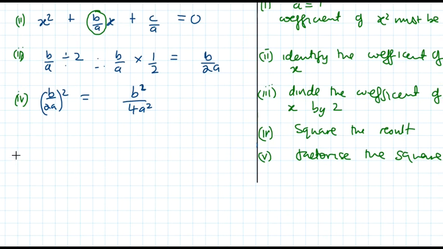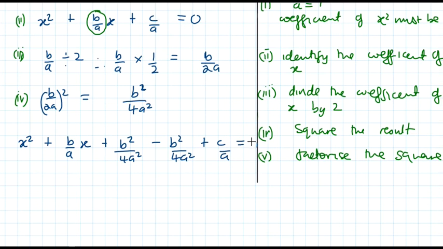Okay, so our equation a x squared plus b over a x, we add the new term b squared over 4a squared, and we also subtract this term because our equation has to remain balanced, and we add c over a is equal to 0.